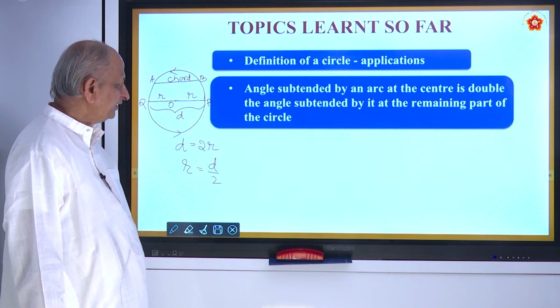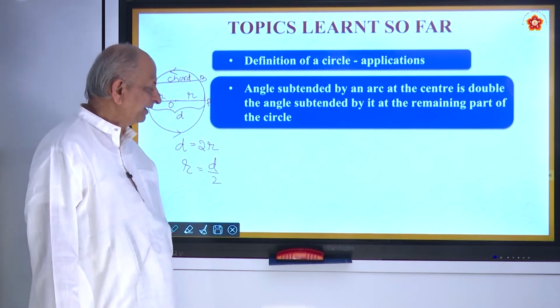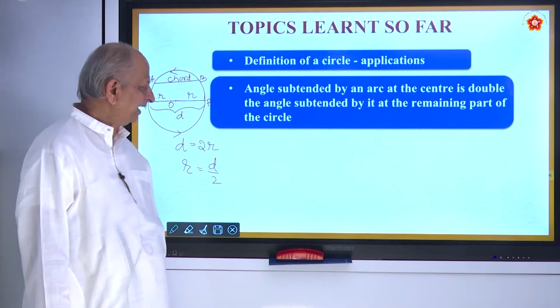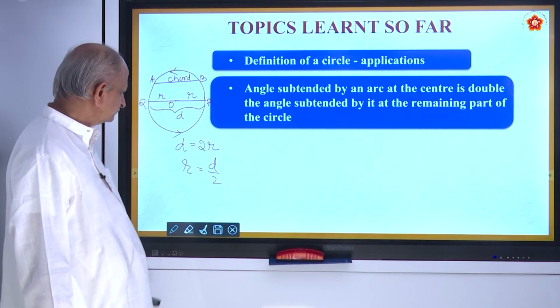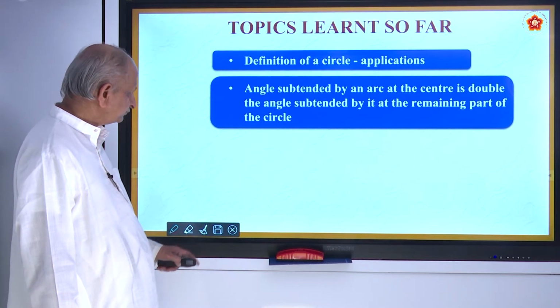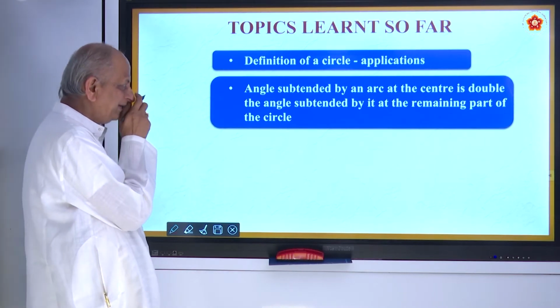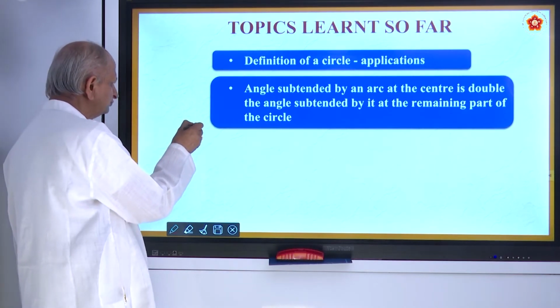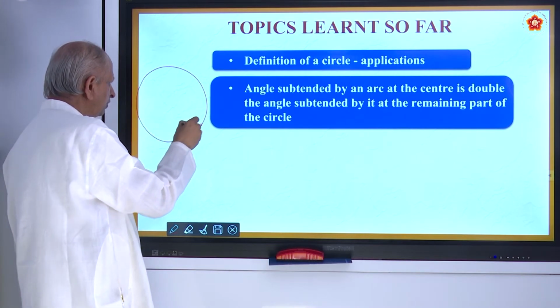And also you have seen that the angle subtended by an arc at the center is double the angle subtended by the remaining part of the circle. So in a circle, angle subtended by the arc. What do you mean by arc?